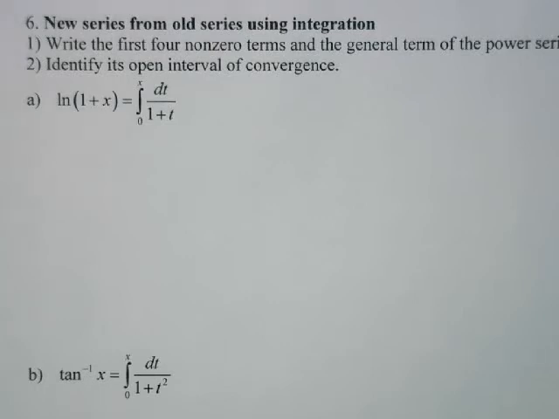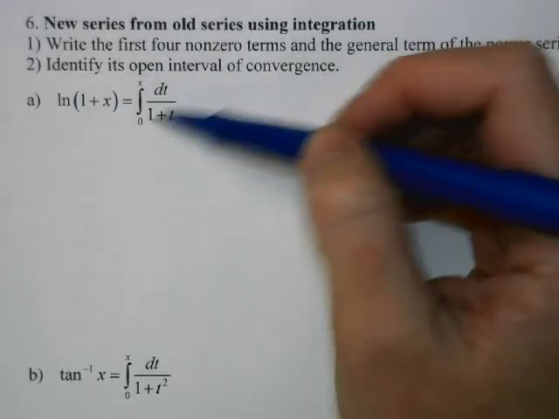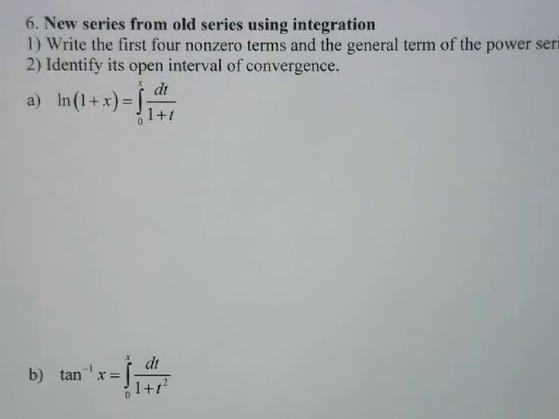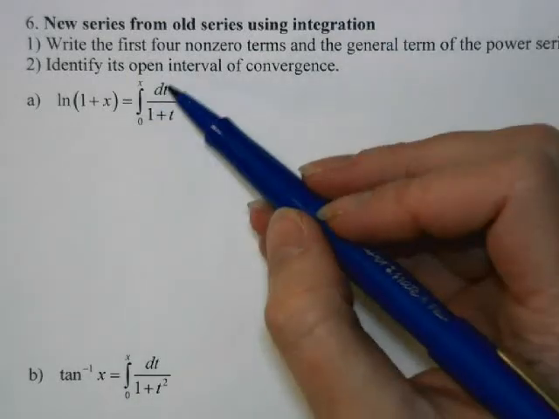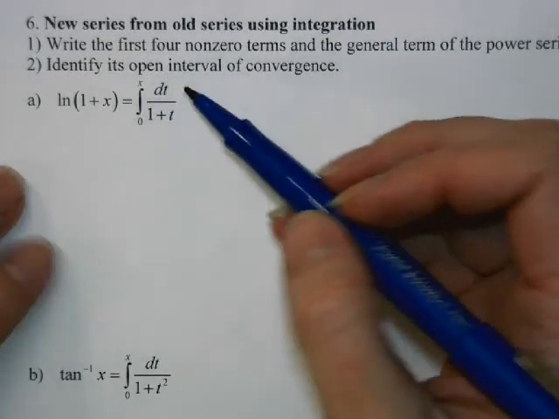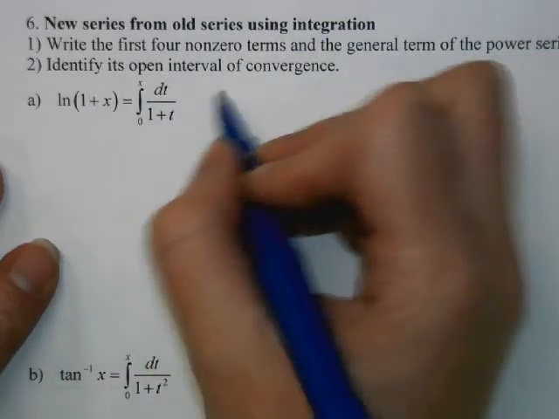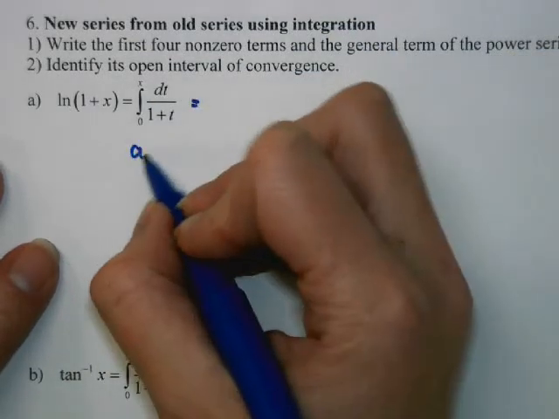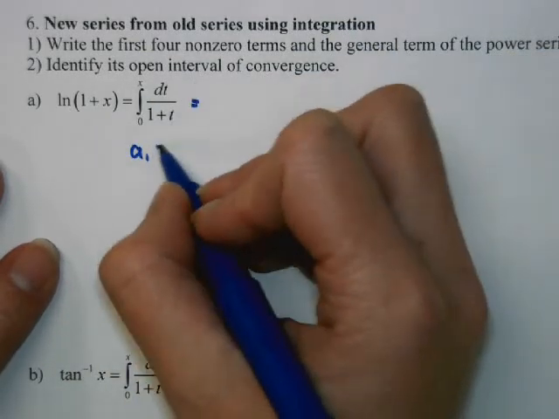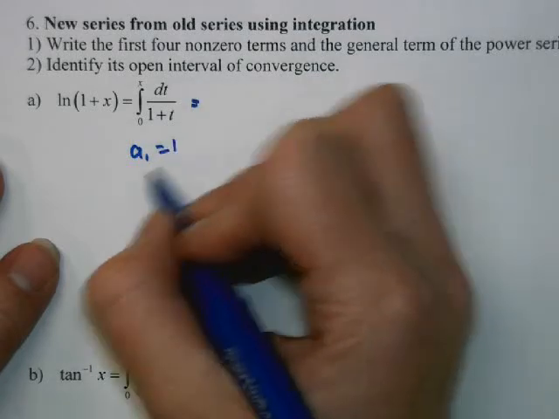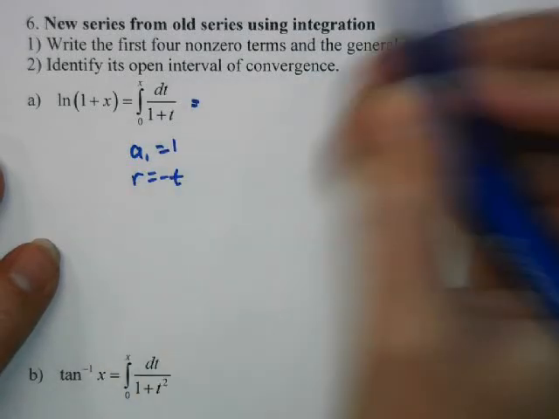Now we're going to integrate. The integral of this is the natural log of 1 plus x. So I can develop this series with this one and then integrate. a1 is 1, and my r is going to be -t.